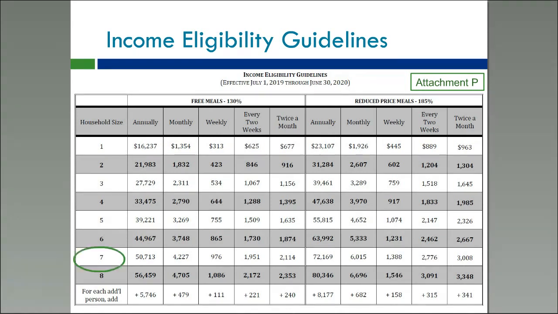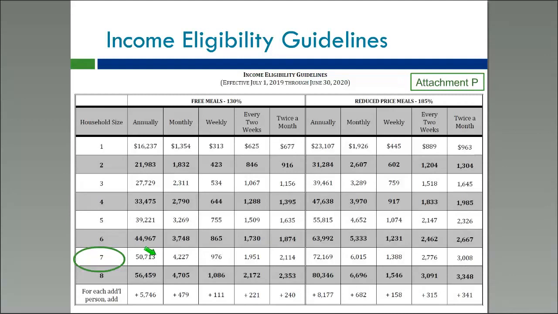We had 7 household members, and they made $55,900 yearly. So first we will look at the free category. In order to be free, they would need to make $50,713 or less, and they made $55,900, so they do not qualify for free meals.